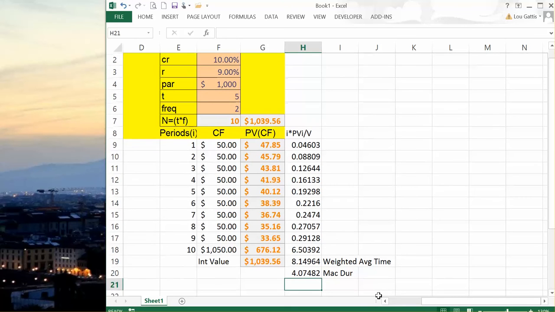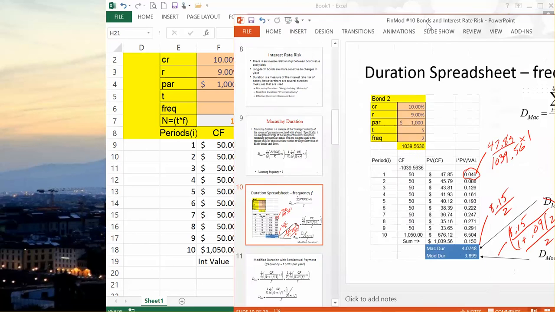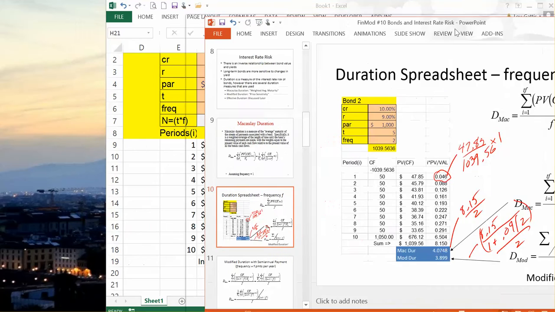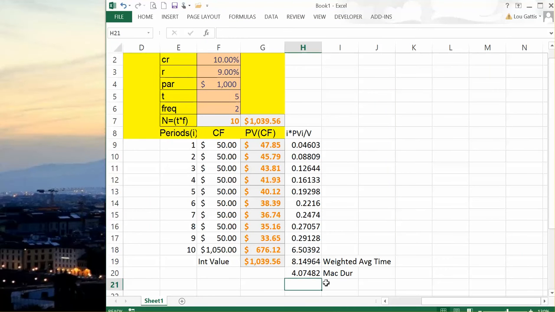And we're going to calculate one other measure, and that measure is something called modified duration. Now, modified duration is going to be very similar to Macaulay duration, except it's going to reduce it by the discount rate. So in some sense, it's like the present value of Macaulay duration.